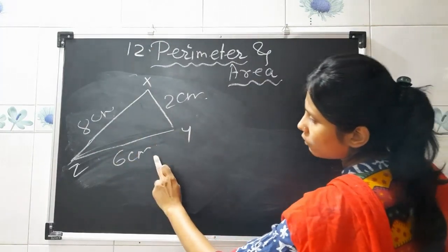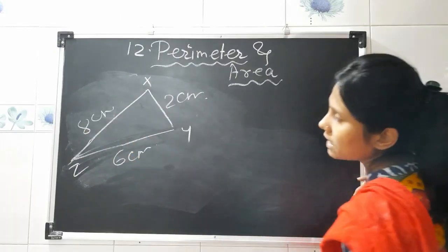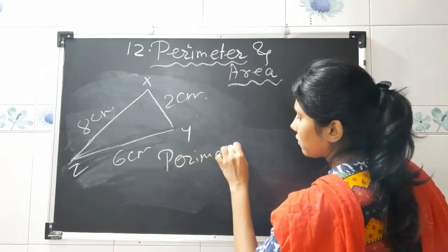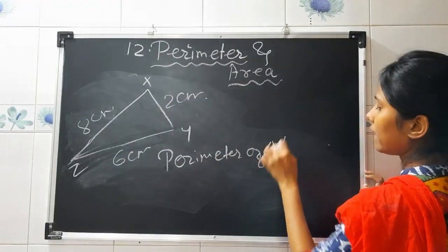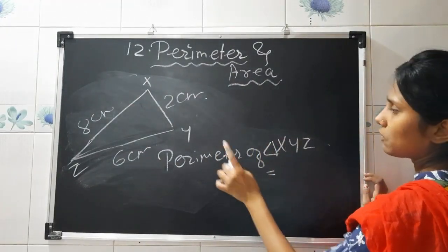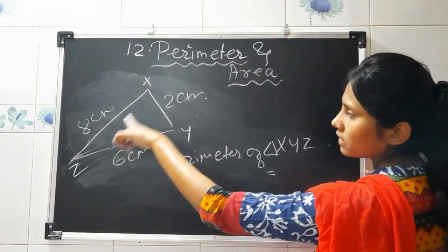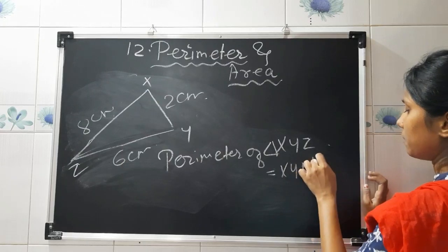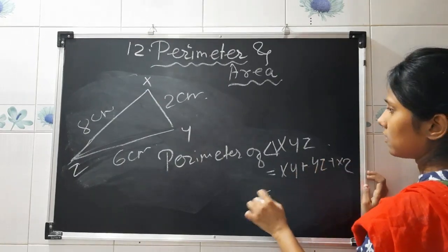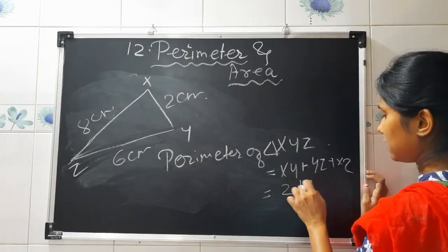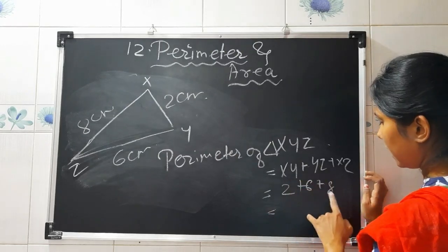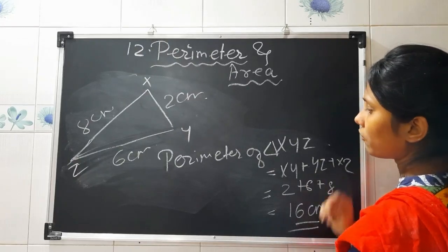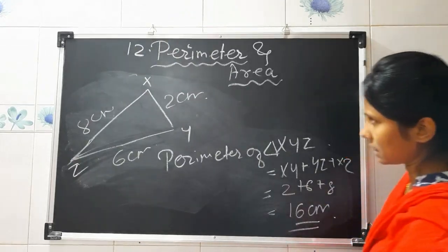XY is 2 centimeter, YZ is 6 centimeter, ZX is 8 centimeter. So perimeter of triangle XYZ is equal to the sum of the lengths of all the sides, that is XY plus YZ plus XZ. 2 plus 6 plus 8. 2 plus 6 is 8, 8 plus 8 is 16. So the perimeter of triangle XYZ is 16 centimeter.